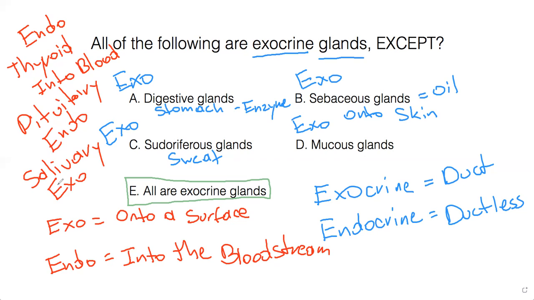And if you were asked which of these glands has a duct or which of these glands is ductless, you could then use this to determine whether the gland is exocrine or endocrine, and from there connect that each of these are going to have a duct, where something like the thyroid gland would be ductless. A lot of ways you can approach something like this.